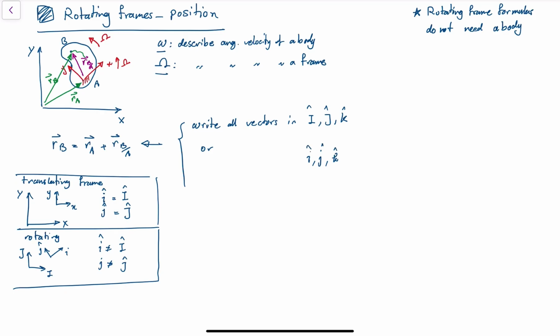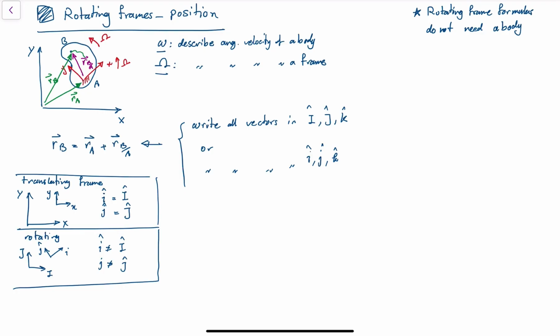Write all vectors in little ijk. And be careful, do not mix them up. Because if you do, obviously all your equation will fail. But sometimes it is easier to start with one frame, but eventually converge everything to the same frame.